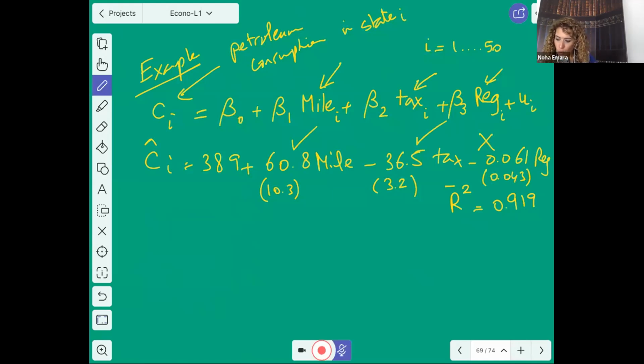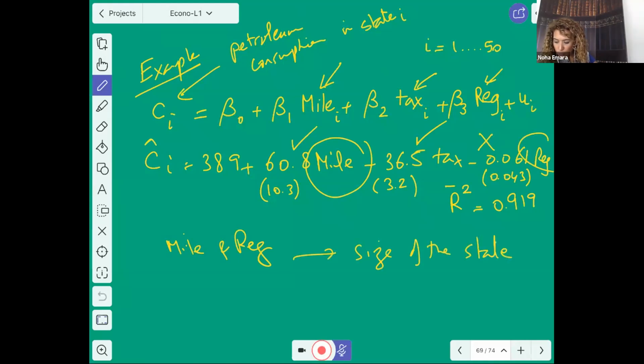Mile and registration, there's a possible correlation between the two. Both reflect the size of the state. The higher the number of miles in a state, the more cars in the state, the higher the number of registrations. So both reflect the size of the state.